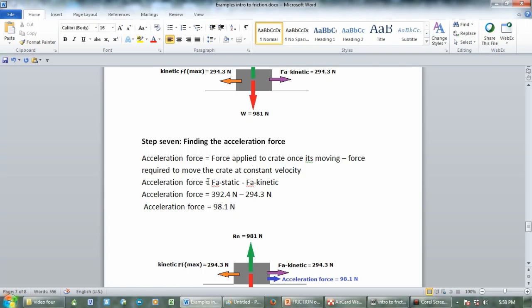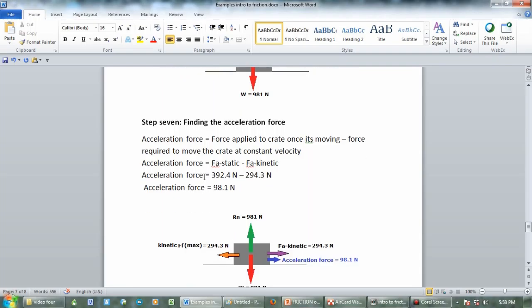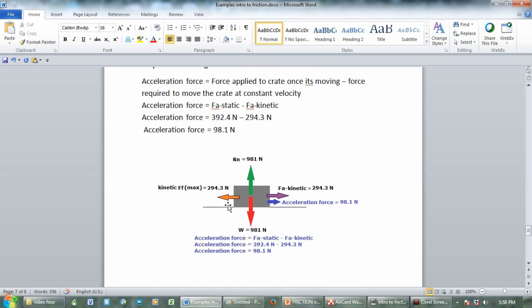So the acceleration force will equal the applied force to start the crate moving, FA static, minus the applied force to keep the crate moving, FA kinetic. So the acceleration force will equal 392.4 newtons minus 294.3 newtons. So the acceleration force will equal 98.1 newtons.